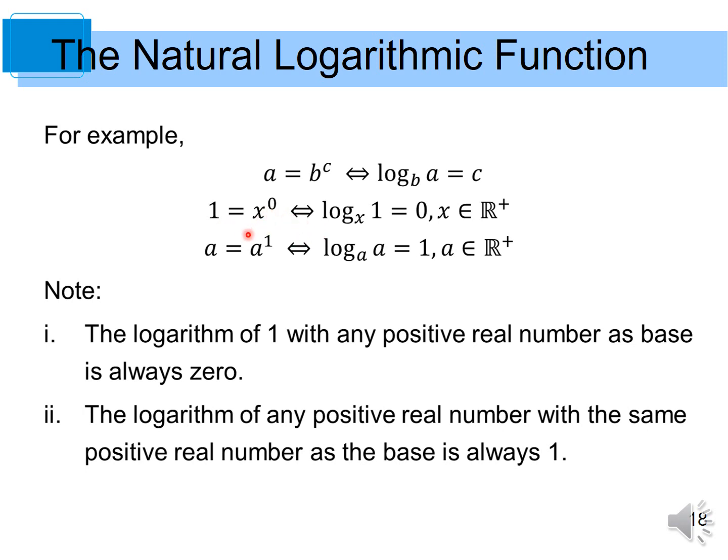We can express this as log of 1 to the base x equal to 0, and a equal to a to the power of 1, same as log of a to the base a equal to 1. The logarithm of 1 with any positive real number as base is always 0. The logarithm of any positive real number with the same positive real number as the base is always 1.